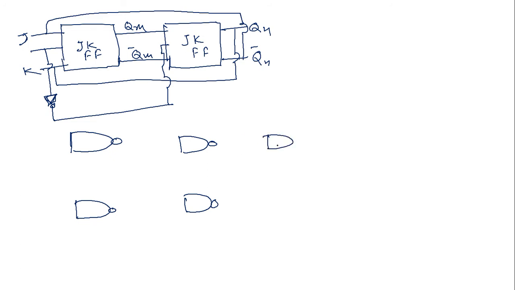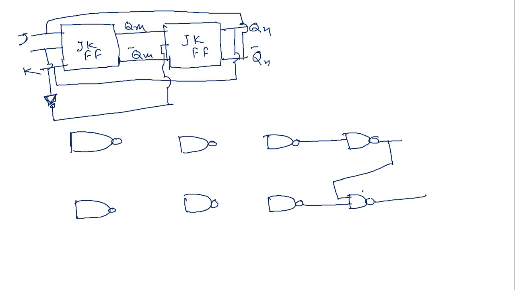These 4 NAND gates I have drawn for the master, and next 4 NAND gates I am drawing for the slave. It is a very interesting thing, the concept of master and slave. Basically the slave always follows the master, so we have given the name master to one flip flop and slave to the other.